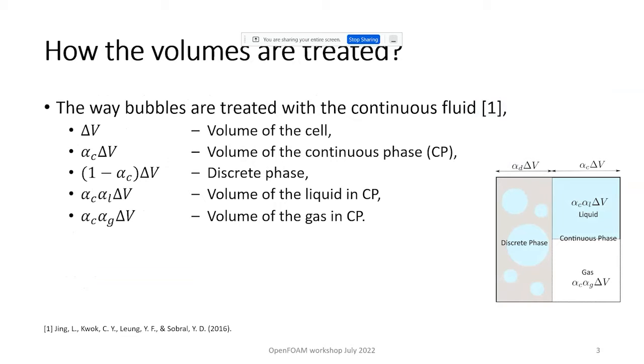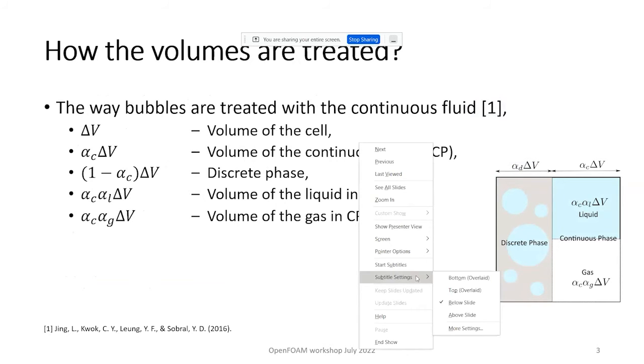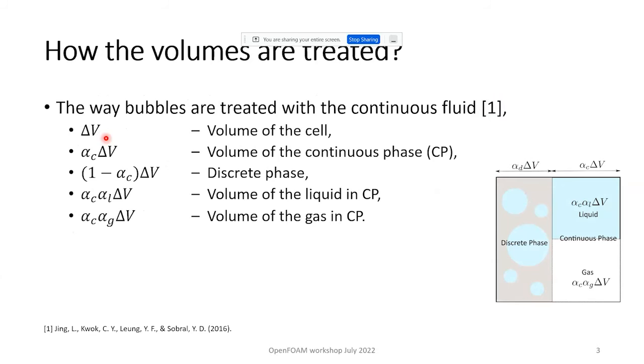If we take the total volume of the cell, it can be divided into two: the discrete phase, which is the bubble, and the continuous phase, in which we have liquid and gas.